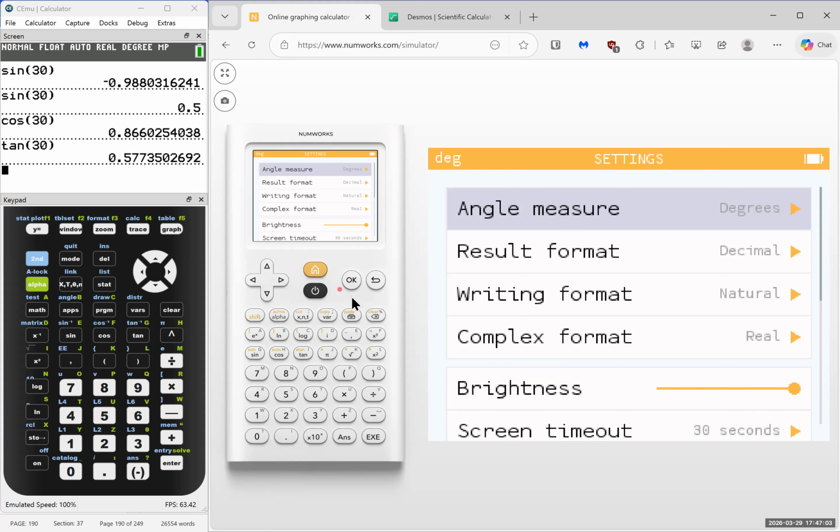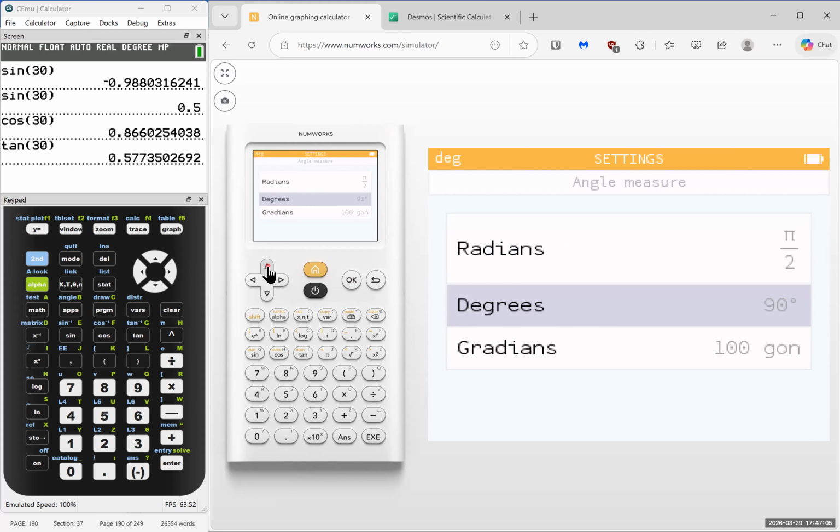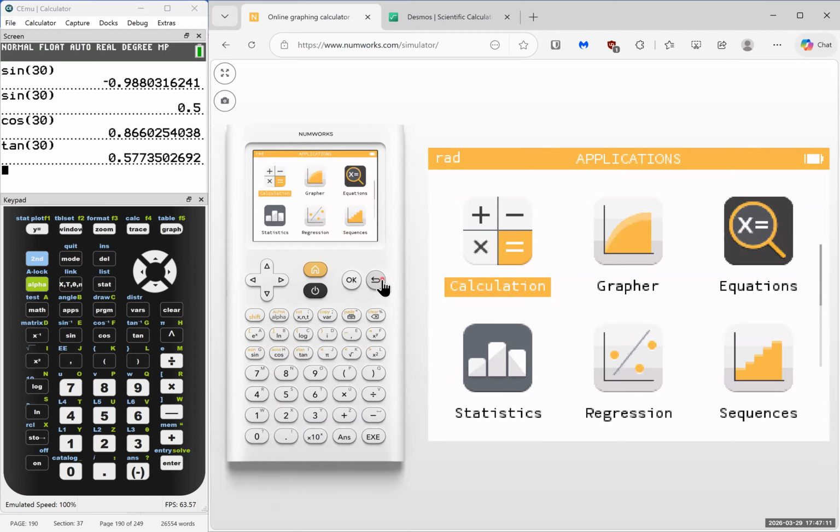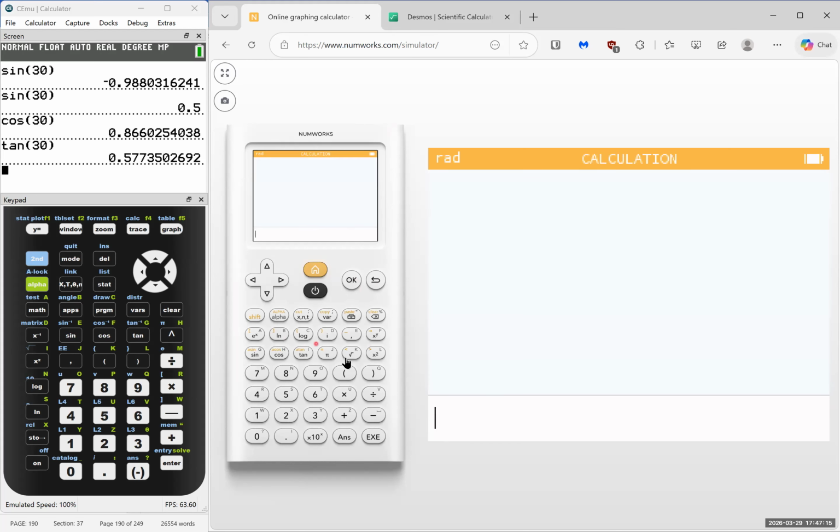And likewise, if I had this incorrectly set and I come out, go to the calculation app, and if I hit the sine of 30, see, it gives me that same incorrect negative value that I had previously with the Texas Instruments calculator.